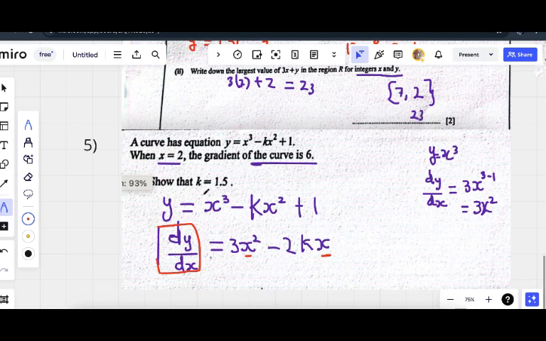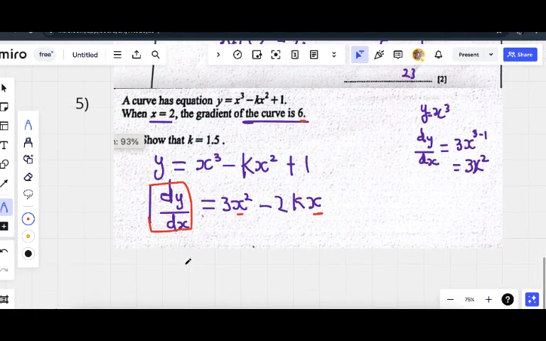They told us to show that k is equal to 1.5. They say when x is 2, the gradient of the curve is 6. You know the gradient is dy over dx, so I'm going to replace it with 6.